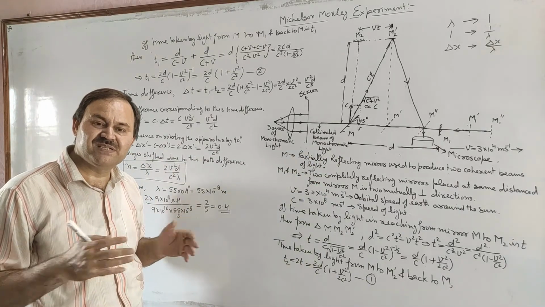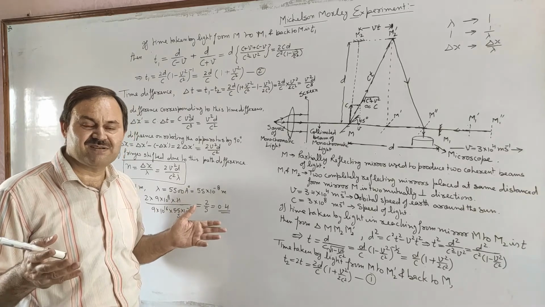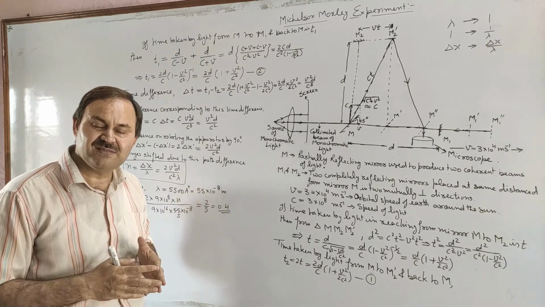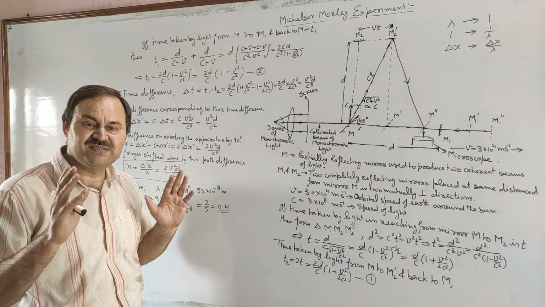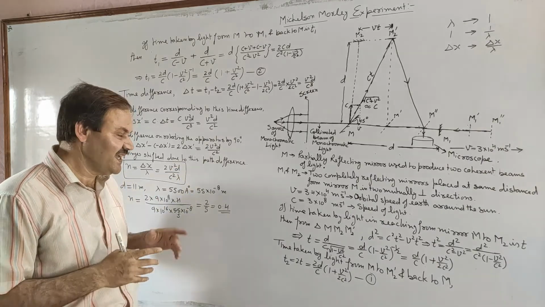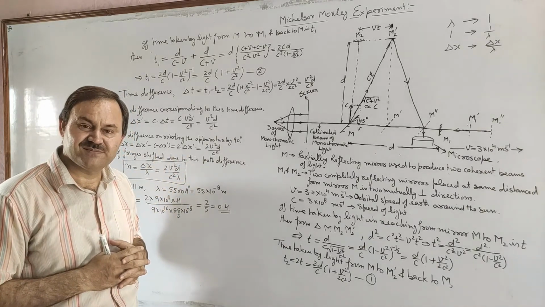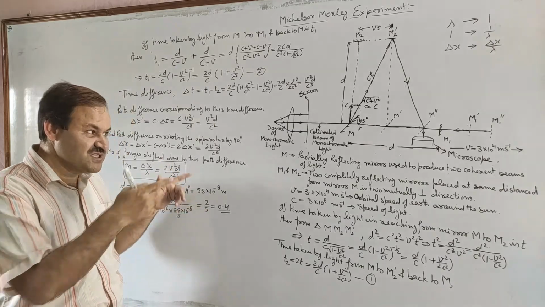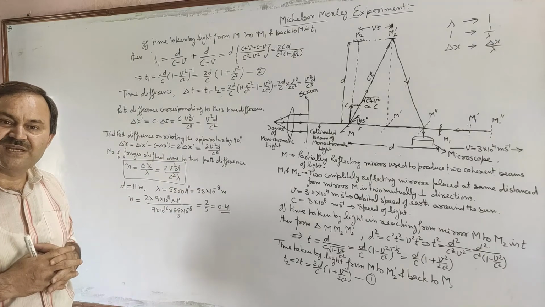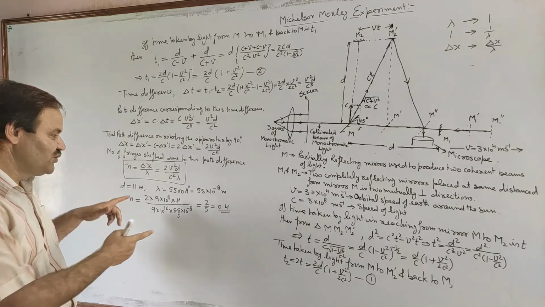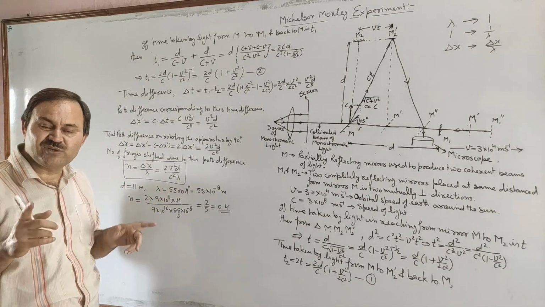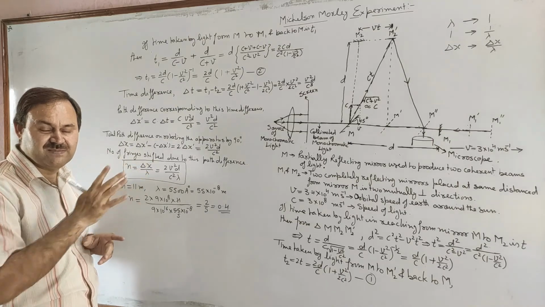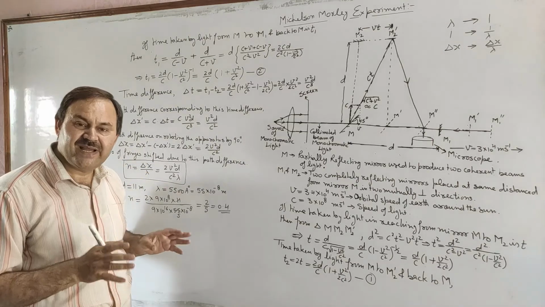Michelson and Morley repeated this experiment several times and at several places, but they could not detect any fringe shift. Since no fringe shift was observed in the interferometer, the theoretical calculations do not agree with the experimental observations.